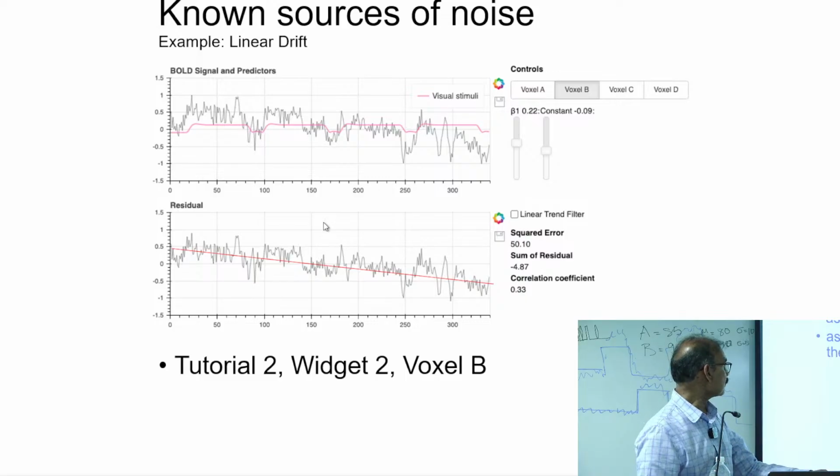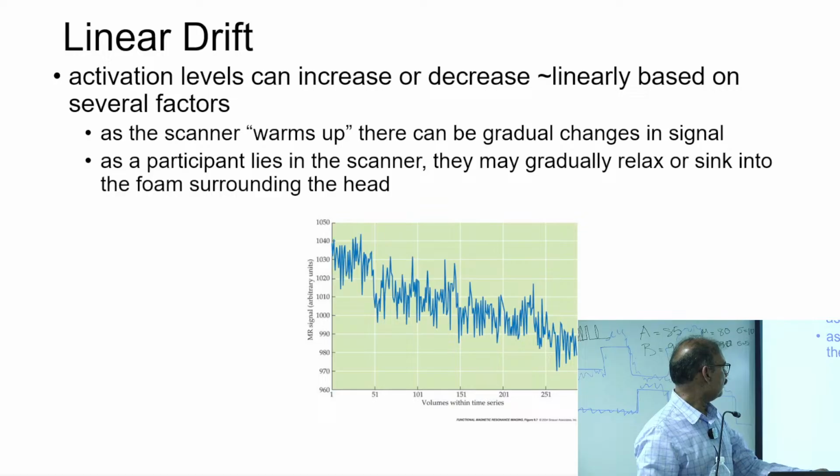And that is easy to do. And there are several causes of linear trend. One is that when you're collecting data in MRI, the gradient slowly heats up. And as the gradient heats up, the signal will become lower, right?